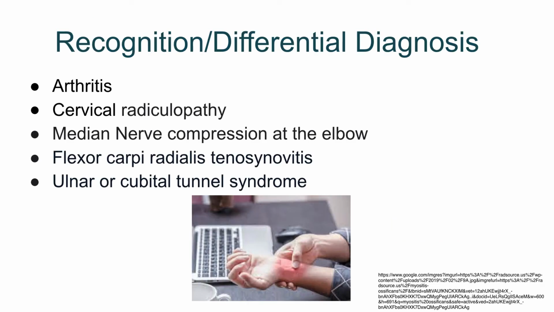Recognition, differential diagnosis. A pretty basic differential diagnosis is arthritis, radiculopathy, and median nerve compression at the elbow. I thought that was pretty interesting, that it could also happen in the elbow. Obviously it can, but you don't really think about it, that it could originate at the elbow and run all the way down to the hand and cause issues there. So definitely want to spotlight that, work with the neck and work all the way down as we've taught in class.